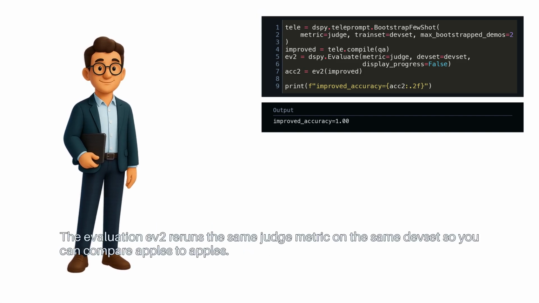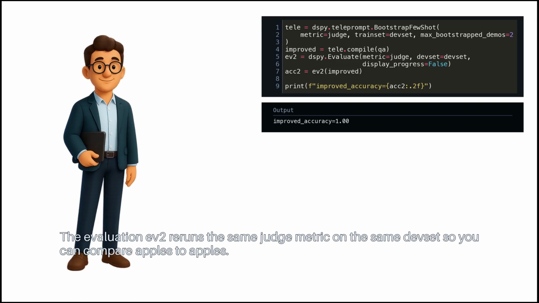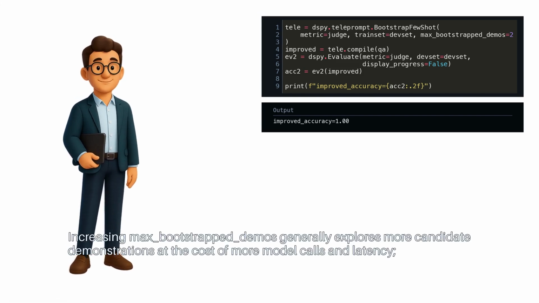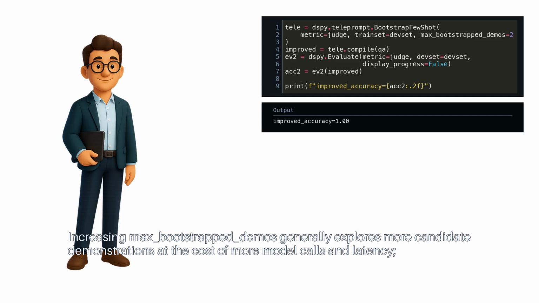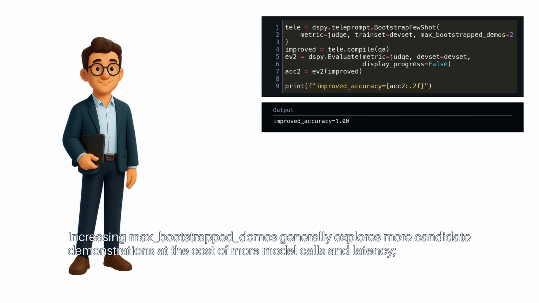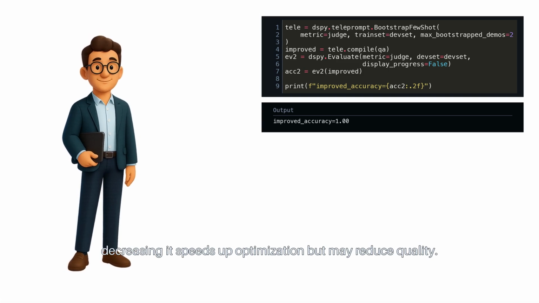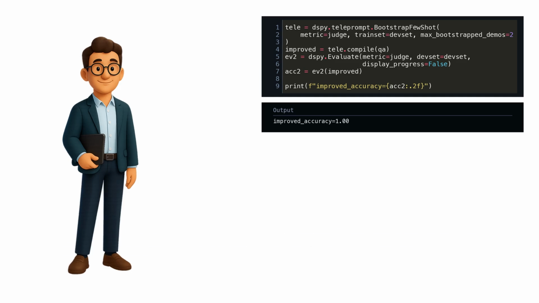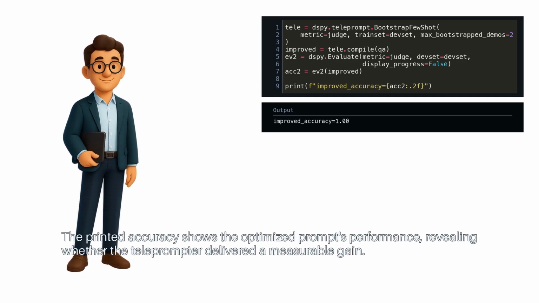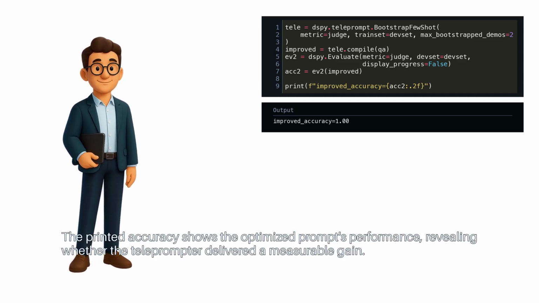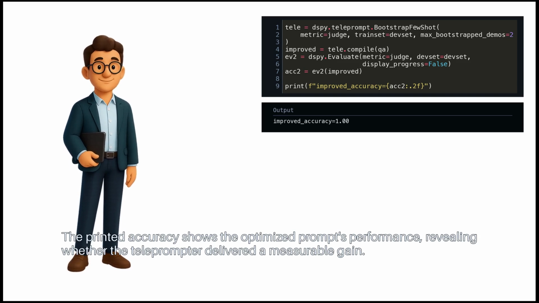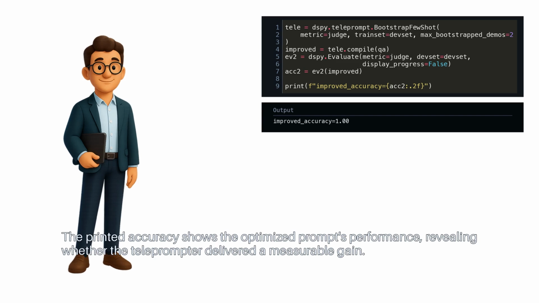The evaluation EV2 reruns the same judge metric on the same dev set, so you can compare apples to apples. Increasing max bootstrapped demos generally explores more candidate demonstrations at the cost of more model calls and latency. Decreasing it speeds up optimization, but may reduce quality. The printed accuracy shows the optimized prompt's performance, revealing whether the teleprompter delivered a measurable gain.